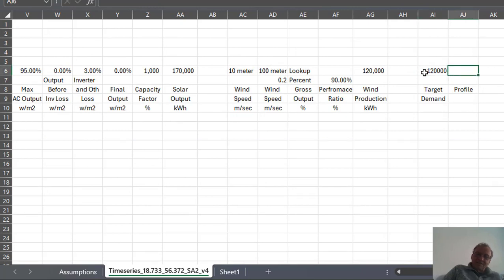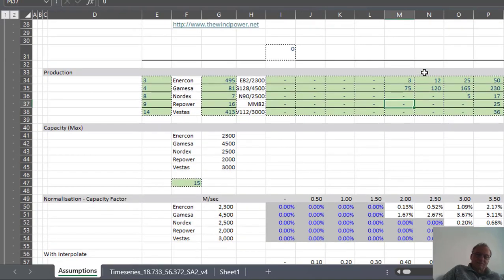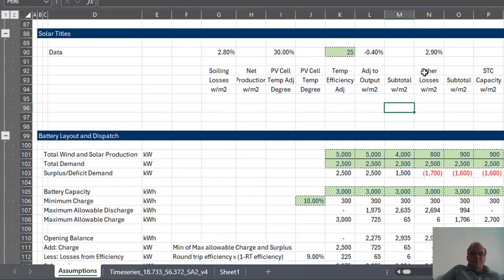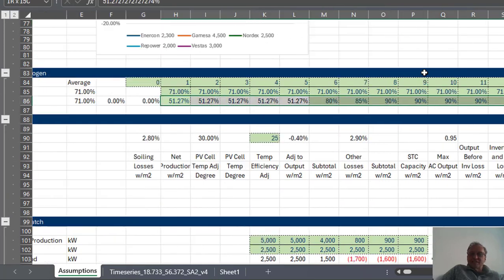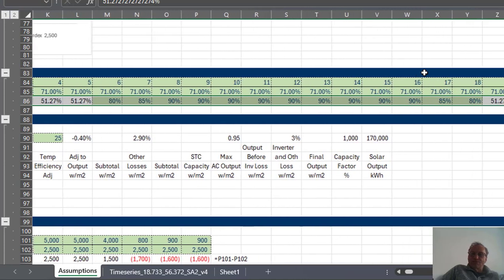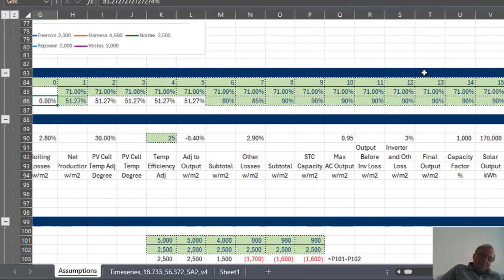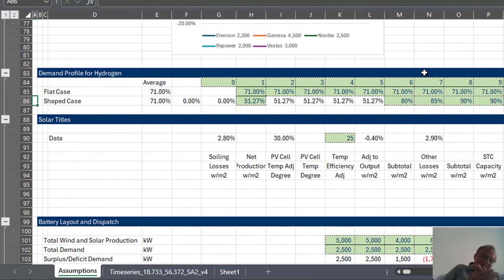So we're going to put this profile with the lookup. We'll use the lookup function, and we'll get this one, and it'll give us our kind of target over the entire period.